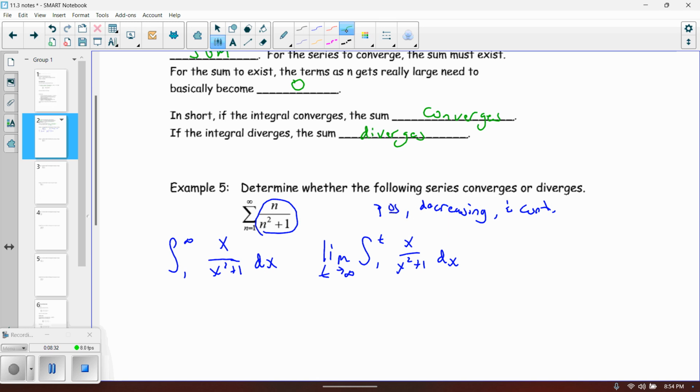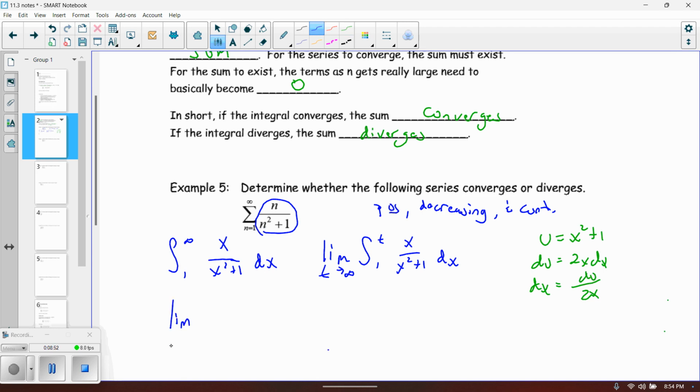And this is going to be a basic u substitution. Your denominator here will be u. So x squared plus 1 is u. Du then will be 2x dx, making dx du over 2x, which is good. So let's go ahead and write this.